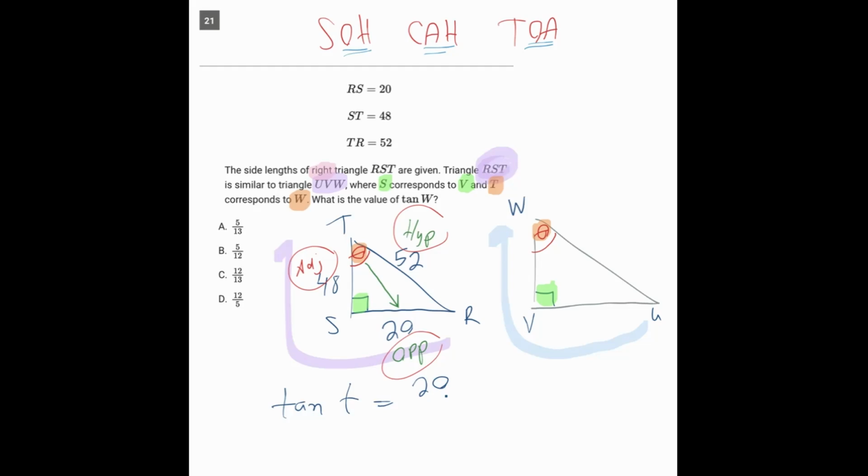So 20 over 48 for the left triangle. And now we can just simplify that, 10 over 24, 5 over 12. And so tan of W, which is the same as tan of T, is 5/12, and that's answer choice B.